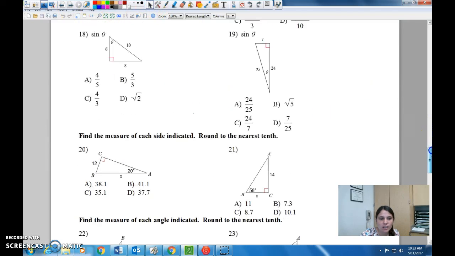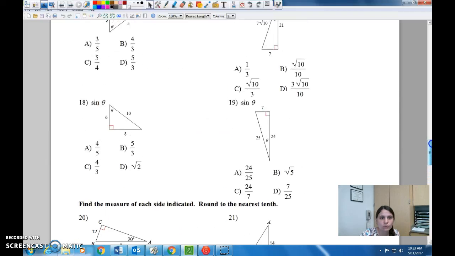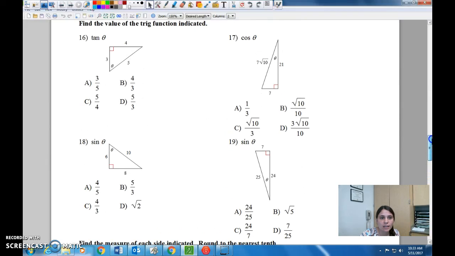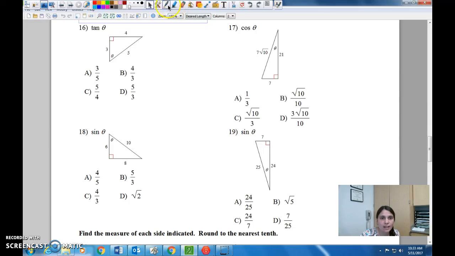This next page, and I think this is the last page we're going to do for this video, is just like what we've been doing in our very last unit. So the tangent, this is our SOHCAHTOA, so I'm going to go through these very quickly. Tangent is opposite over adjacent, so opposite over adjacent is 4 over 3. Cosine is adjacent over hypotenuse, so adjacent over hypotenuse is 21 over 7 square roots of 10.